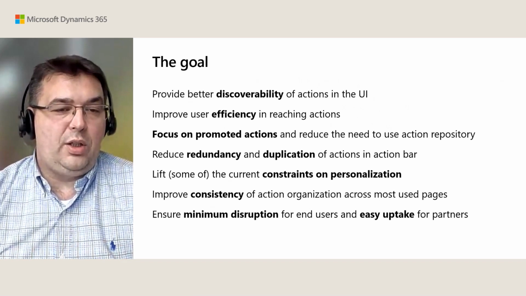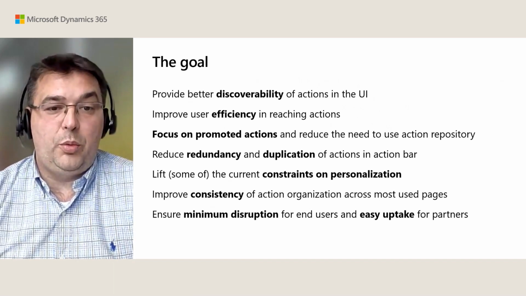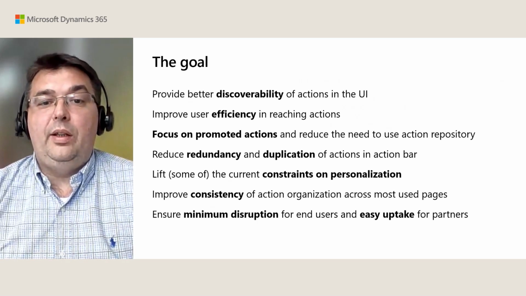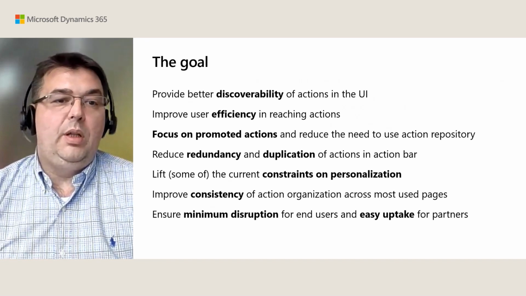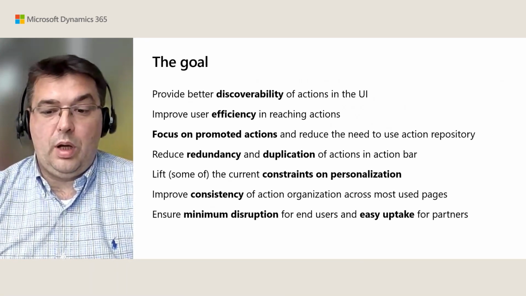These were our goals when we endeavored in this project, and we also said we need to do that in a way that creates the minimum disruption for our end users and enables easy uptake for our partners.